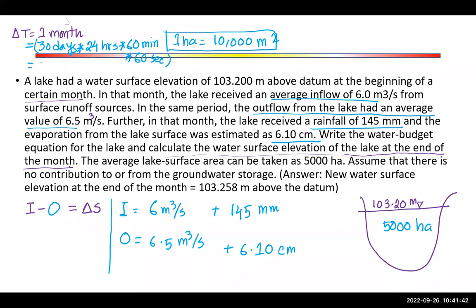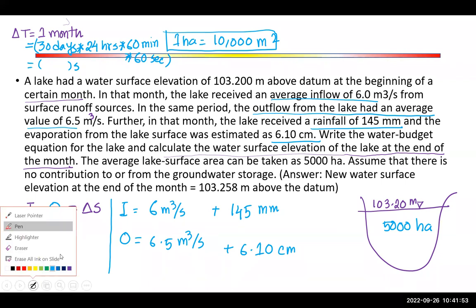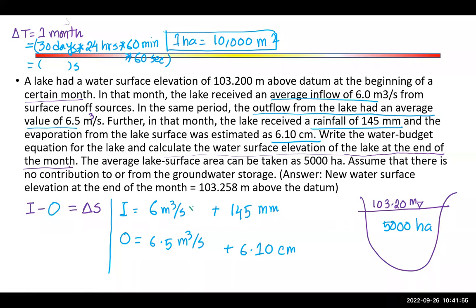So that will be something seconds. I don't know what the answer will be, but it will be something. Okay? So if I want to convert everything into volume, I will multiply with delta T.